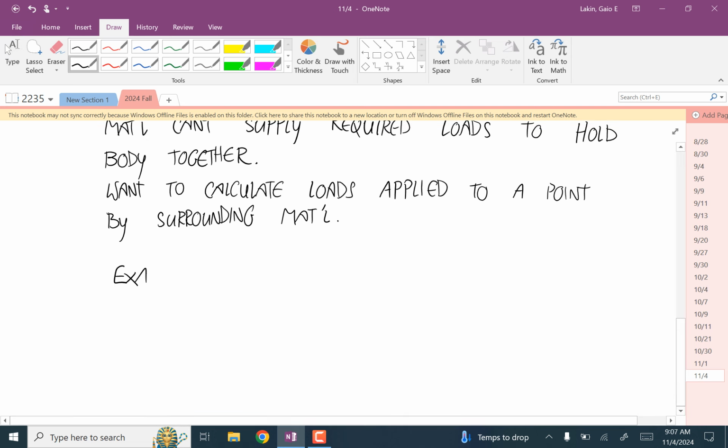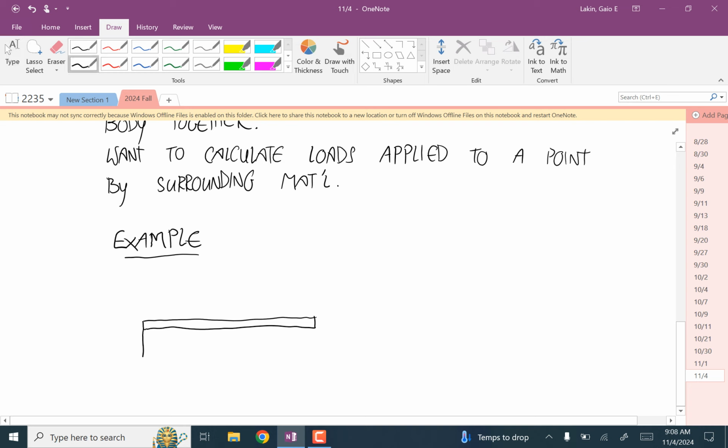So let's start out with about as simple an example as you can come up with. So let's say we have a beam like this. You know, it might have joints and stuff, but let's say we've already done the statics to figure out what the loads are at the joints.